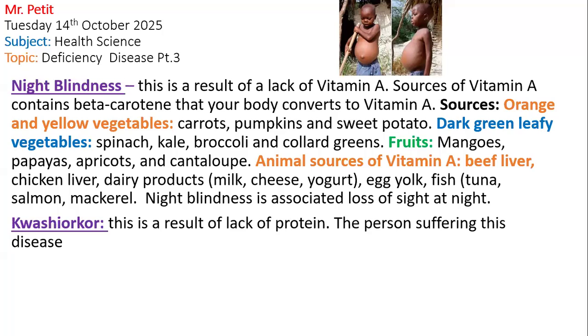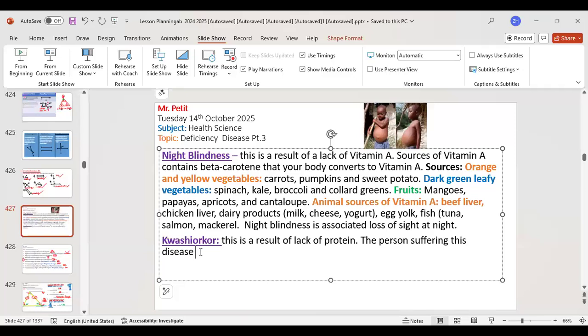A lot of times it's in places where persons have less money to financially support a balanced diet. So that's the unfortunate part of some of these things.